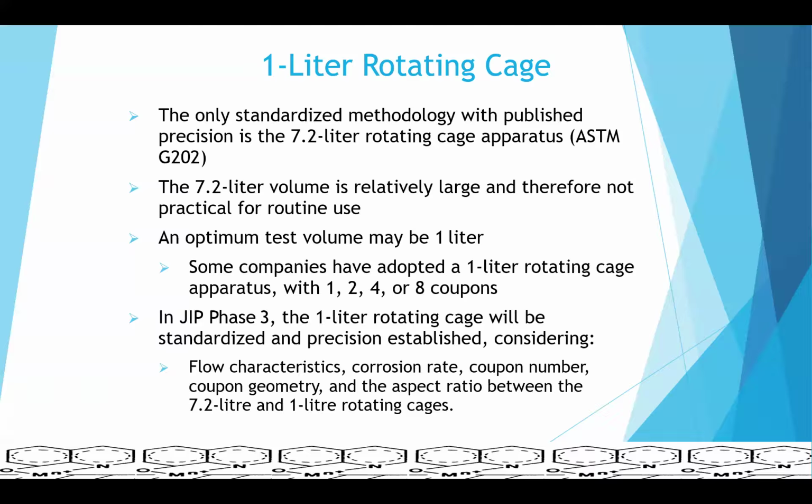In that process, we'll consider the flow characteristics, corrosion rate, number of coupons effect, geometry of the coupon effect, as well as the aspect ratio between 7.2 liters autoclave, 7.2 liters rotating cage, and 1 liter rotating cage. So that way, we have 2 separate standards, one for 7.2 liters and one for 1 liter, so that the precision statement is established and can be routinely monitored.